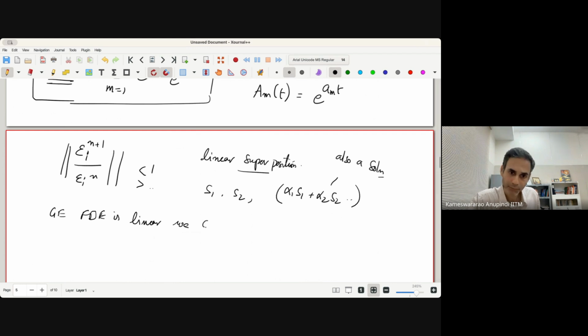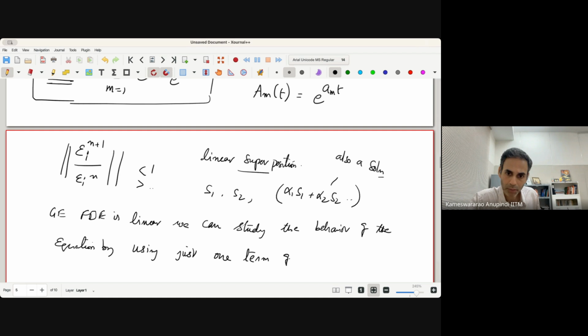We can study the behavior of the equation by using just one term of the solution.